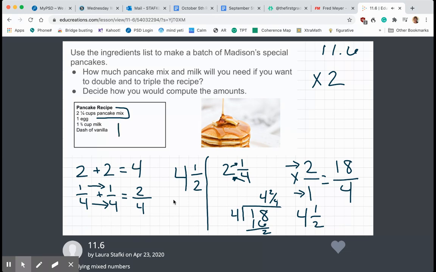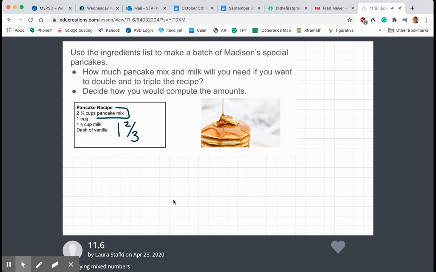The milk, if it's hard to see on your screen, is 1 2/3 cup milk. Go ahead and pause now. All right, welcome back. Nice job giving this one a shot. If I am going to do that last way that I did where I turn it into a mixed number, I'm going to say 1 2/3 is equivalent. 3 times 1 is 3 plus 2 is 5/3.